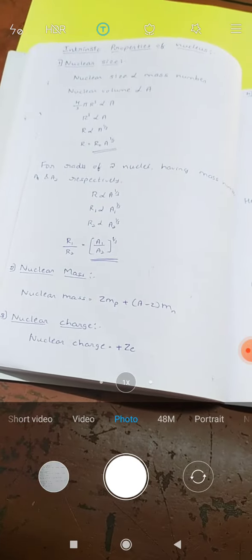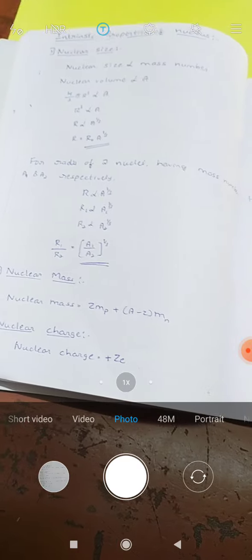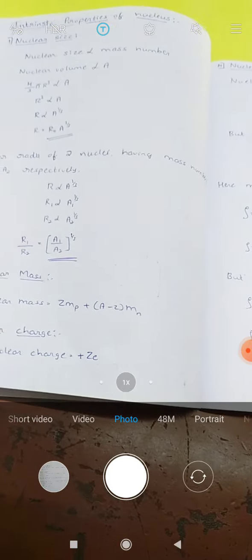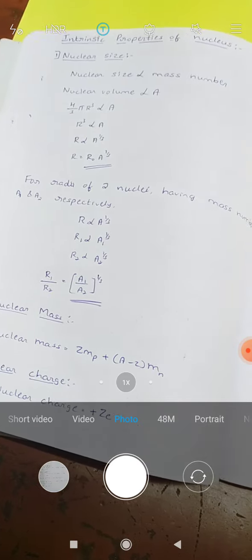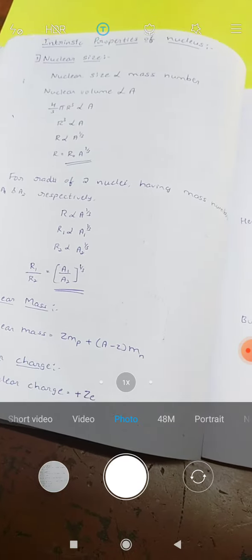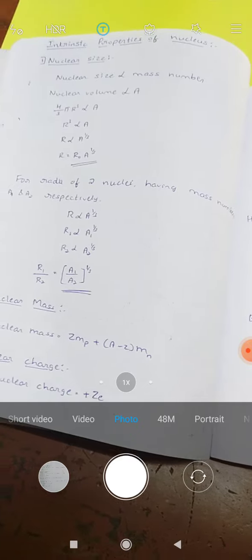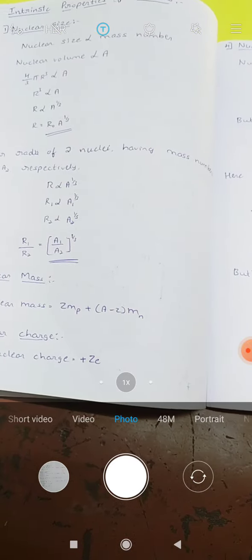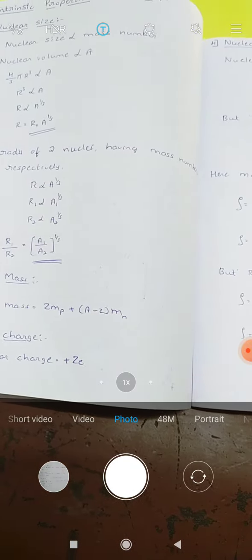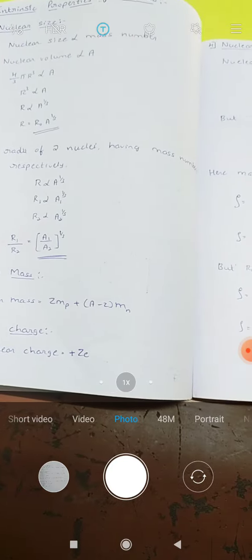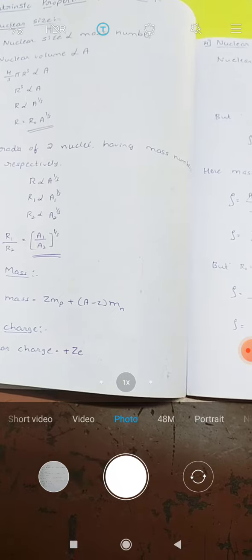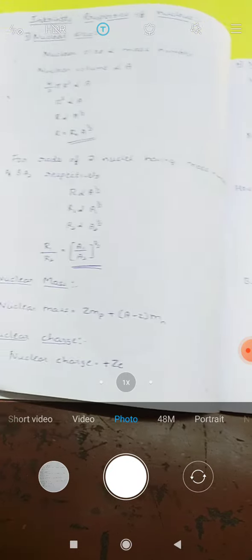These 5 concepts are the intrinsic properties of the nucleus. First one nuclear size, second one nuclear mass, third one nuclear charge, the next fourth one nuclear density, the next fifth one is nuclear force of the nucleus of the atom.